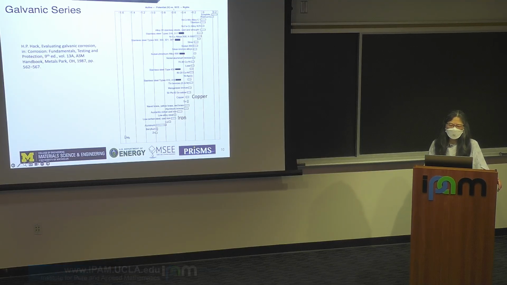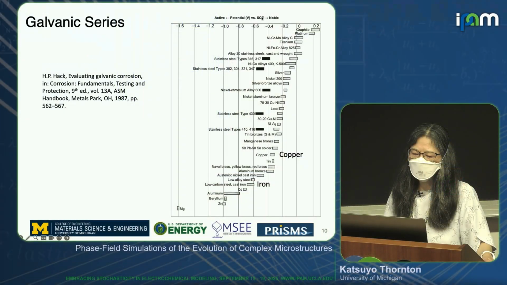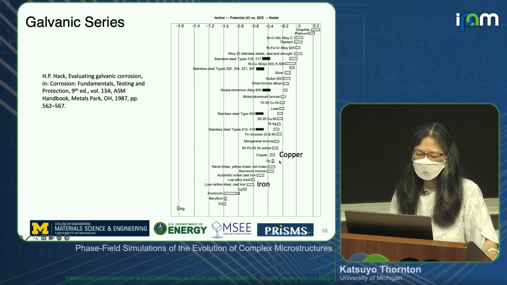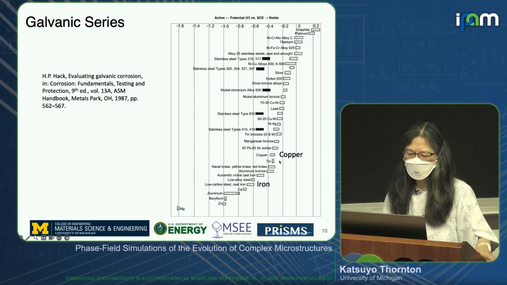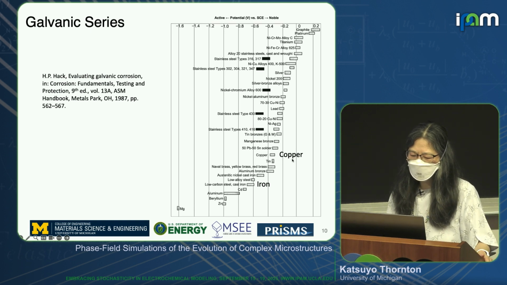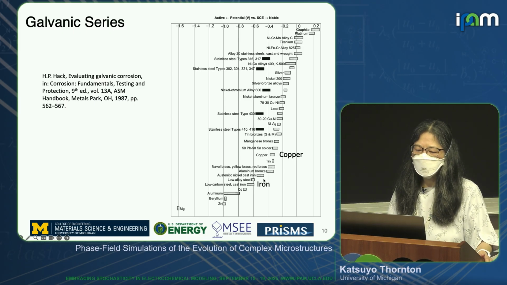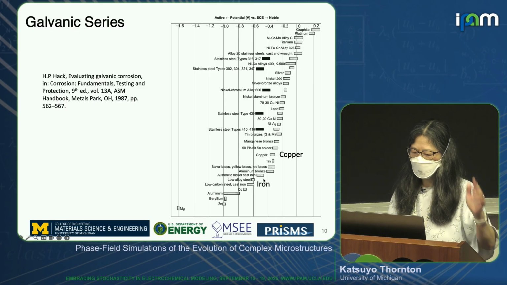It basically tells you how noble or more active a specific metal is. So in the case of the Statue of Liberty, you have copper and iron, so you have this change in the intrinsic potential of the metal, and that led to the corrosion.